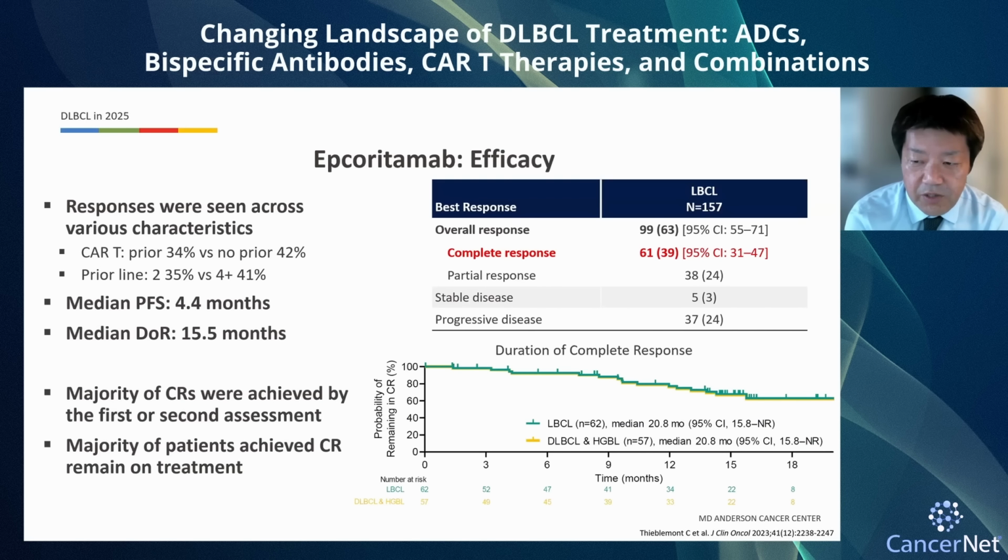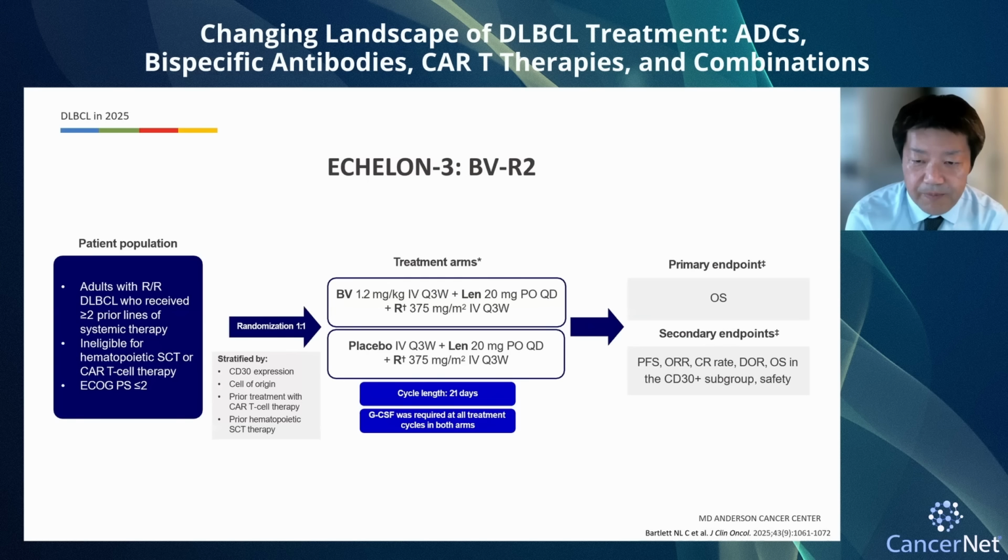Epcoritamab is given as a subcutaneous injection and is continued until disease progression or intolerable toxicity, rather than for a fixed number of cycles like glofitamab. As you can see from the survival curve, many patients who achieve complete response can remain in long-term remission, suggesting durable benefit even with ongoing therapy.